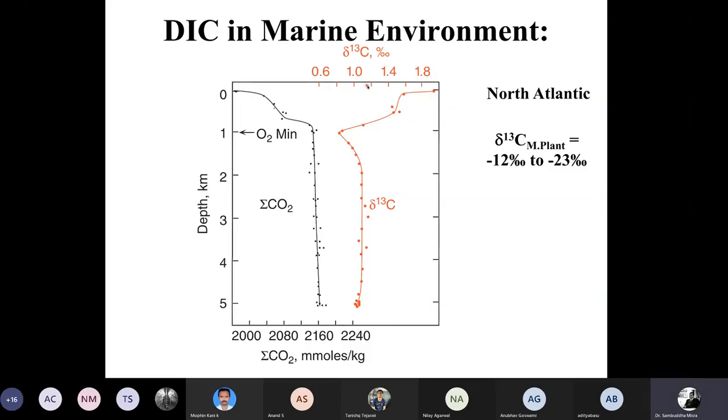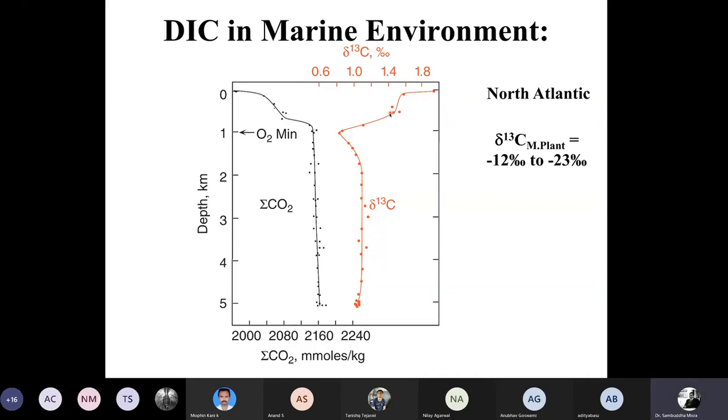As a result, if we plot the delta 13C of the seawater DIC, in the surface ocean the delta 13C will be isotopically heavier because the lighter isotope has preferentially gone into the organic matter, leaving the heavier isotope behind.